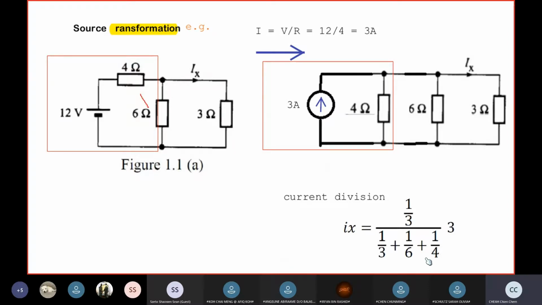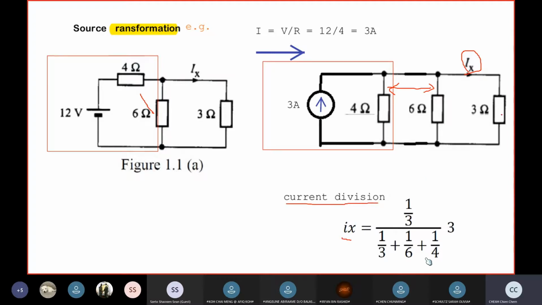For example, over here you can see that these two cannot be combined if you want to simplify from the left-hand side, and we can use source transformation to transform it to a current source in parallel with a resistor. Because the 6 ohm is now in parallel with 4 ohms, you can start simplifying from the left-hand side. But if you just want to find Ix, you can directly apply the current division law.